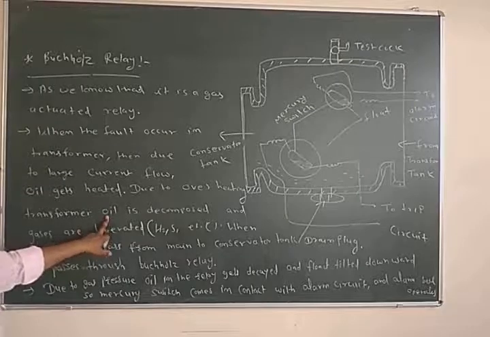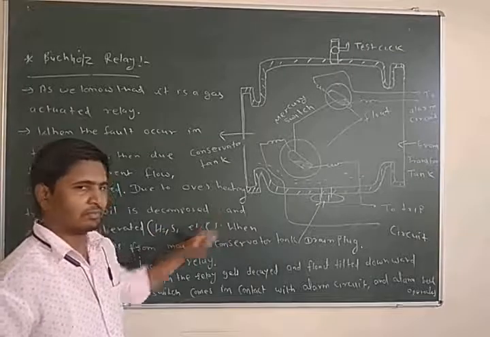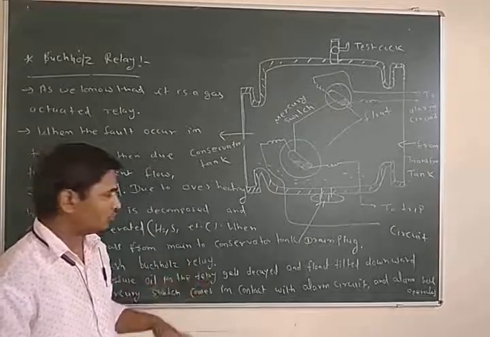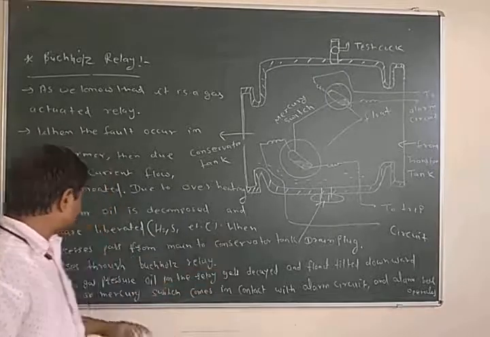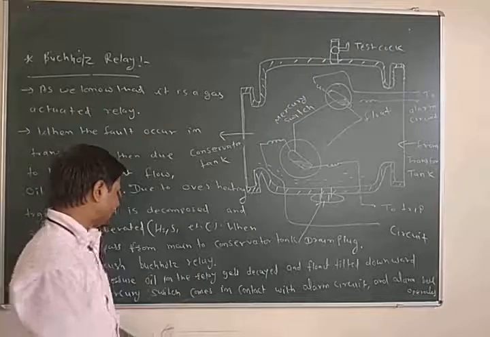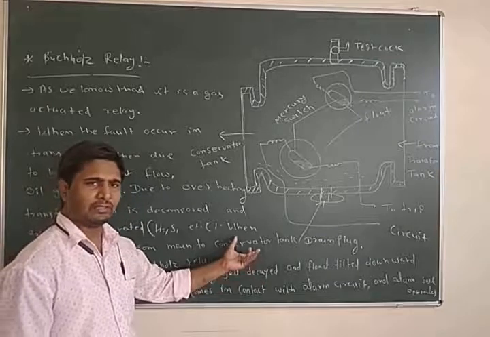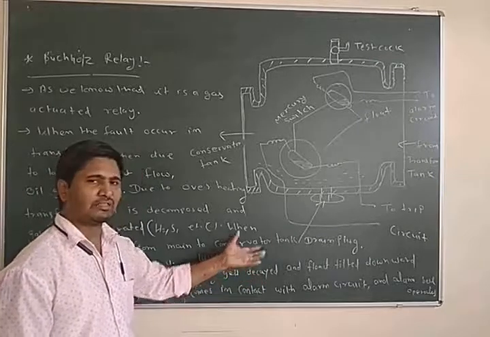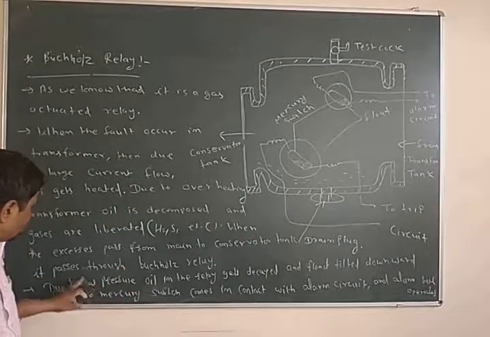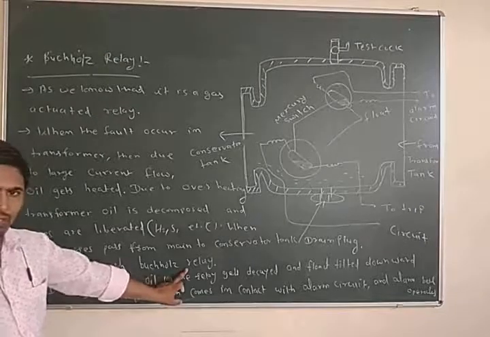So the transformer oil is vaporized and decomposed, and different types of gases are liberated, such as hydrogen, sulfur, and so on. When this excess of gases passes from the main tank to the conservator tank, in between them there is a relay circuit. So these gases pass to the Buchholz relay.